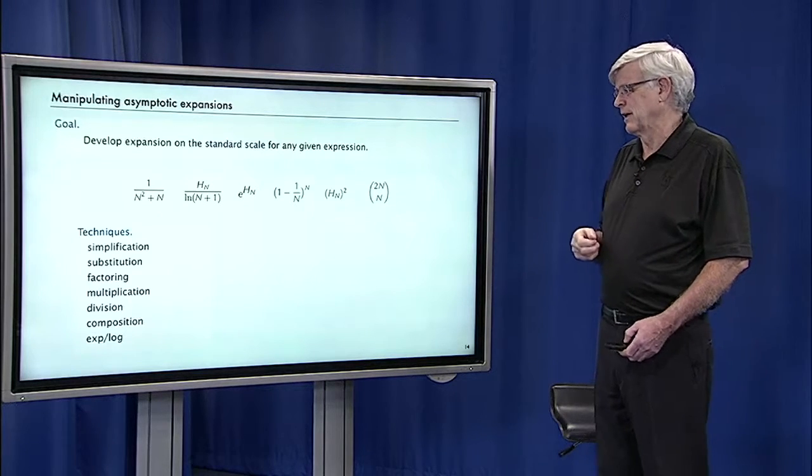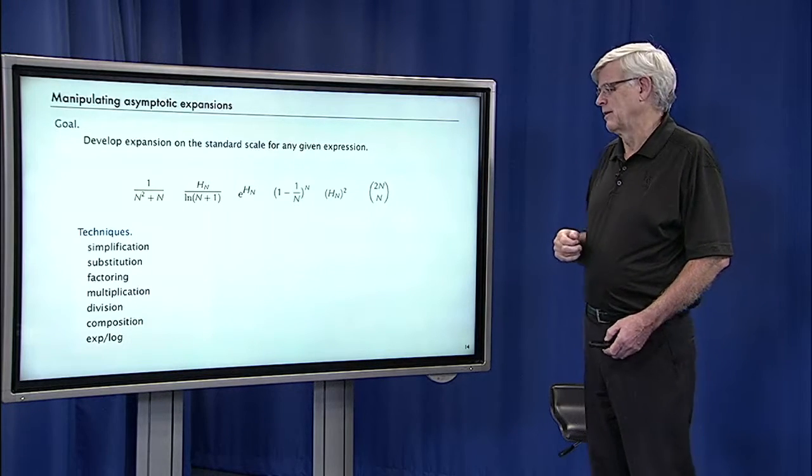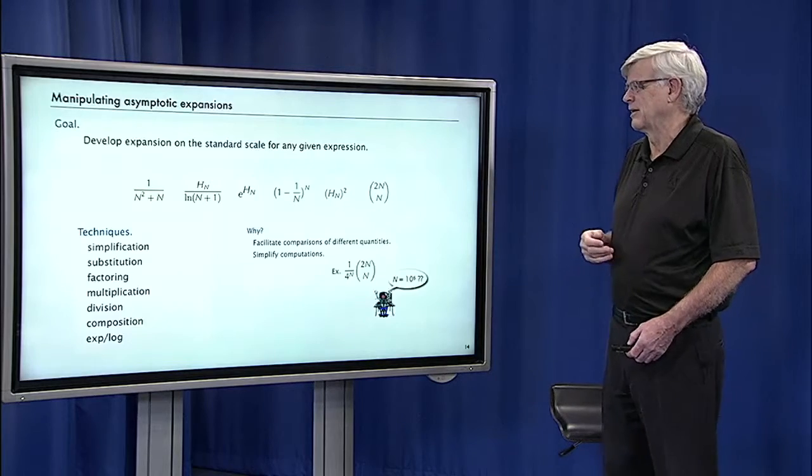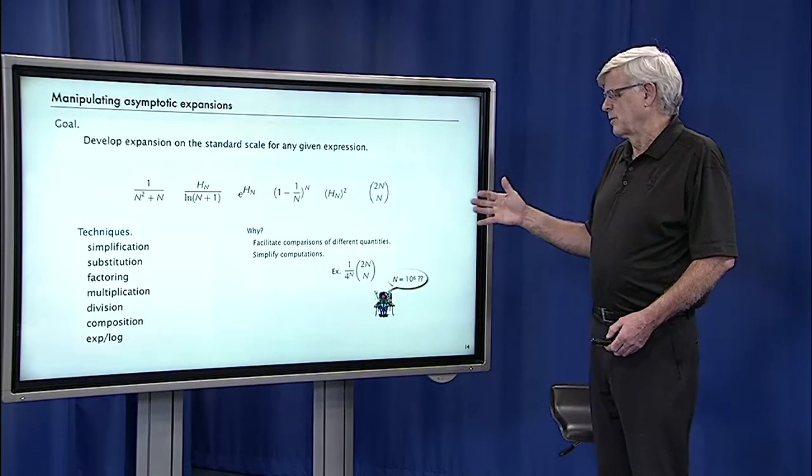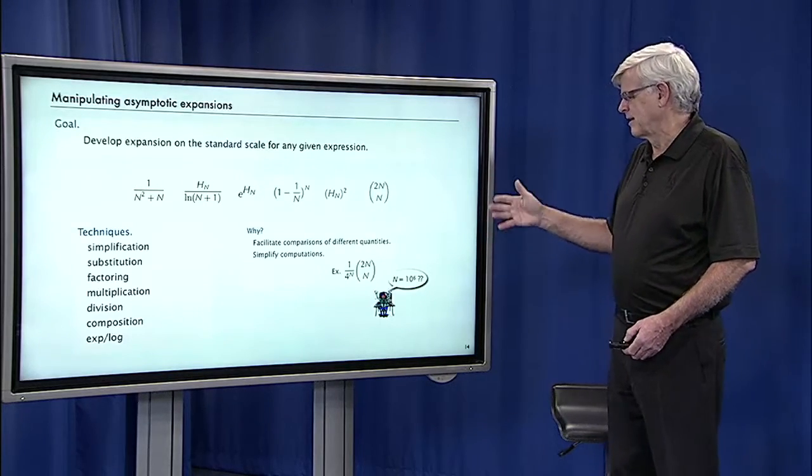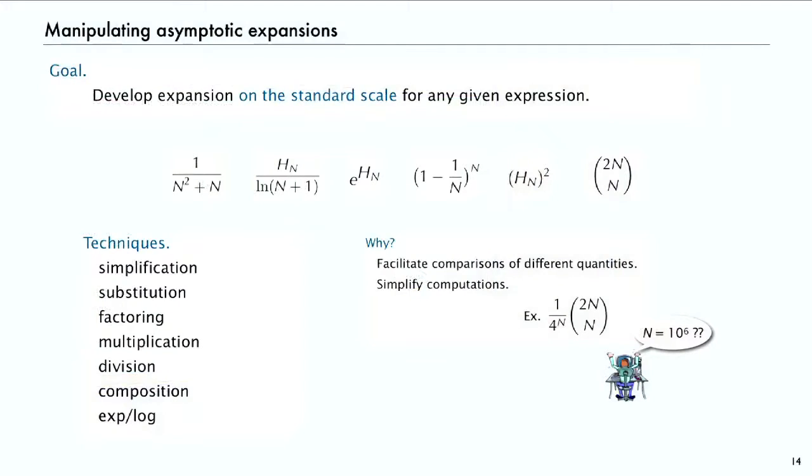Also the x-log trick is an important technique, and I'll show that in a minute. The whole idea is that a lot of times we have not just these quantities, but they combine in some way. Like, what's the value of 1 over 4 to the n times 2n choose n?